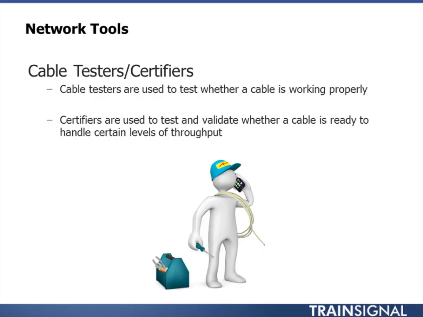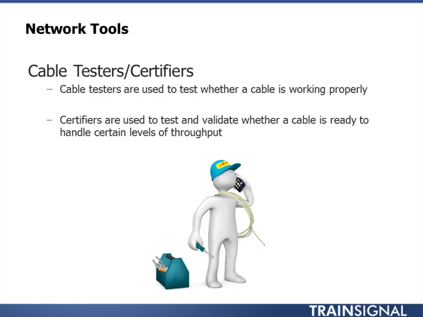Whereas a certifier, it's a form of cable tester, but it's used to test and validate whether the cable is ready to handle certain levels of throughput. So it's not just generically functioning, it's functioning at a certain level and therefore can be, we'll say, certified to function at that level.